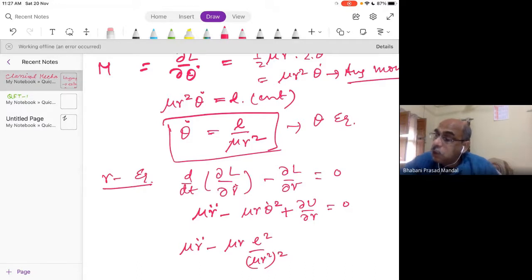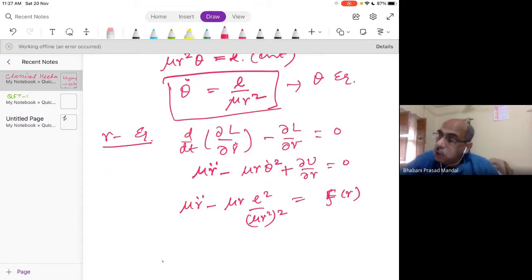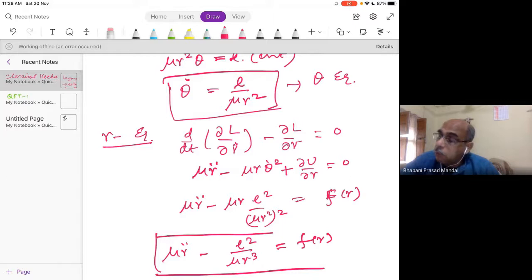I substitute theta dot from here, take that to the other side, and the right side will be minus del u del r, which is nothing but the central force Fr. So mu r double dot minus L square by mu r cube equal to Fr. So this will be your r equation, and that was your theta equation.